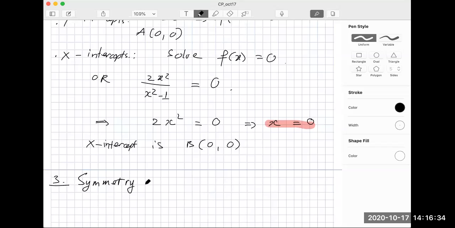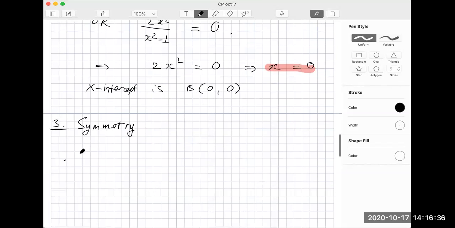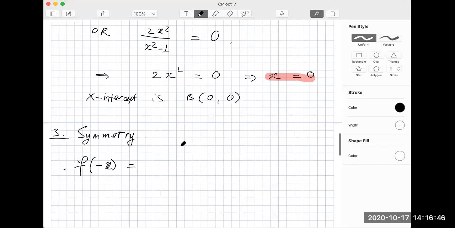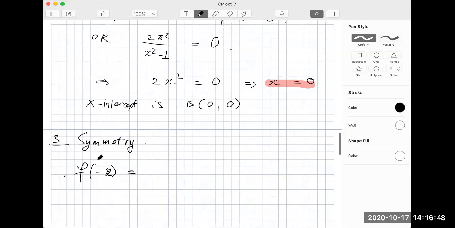Find the symmetry. In order to do that, we evaluate the value at negative x and see what it is, right? This is our function. Then what is f of negative x? Just replace, 2 times negative x squared over negative x squared minus 1.